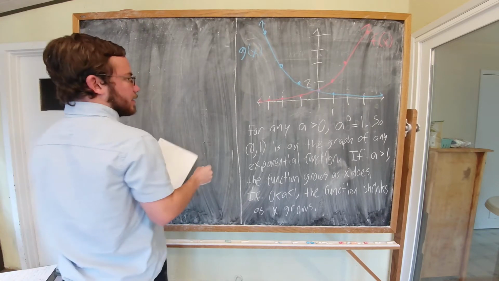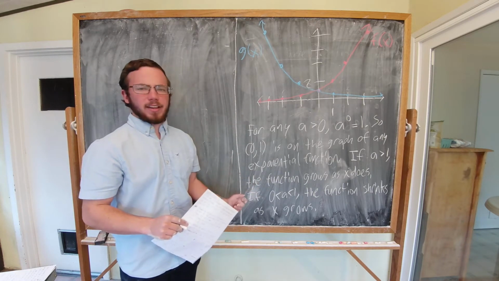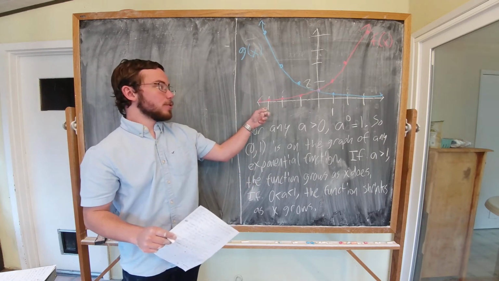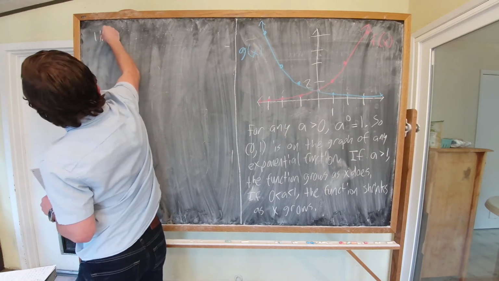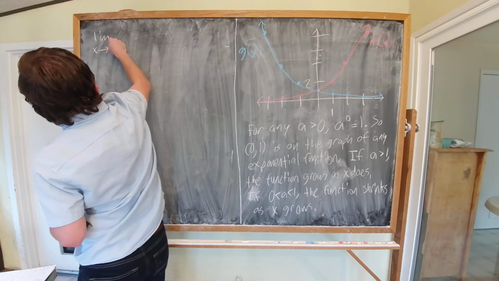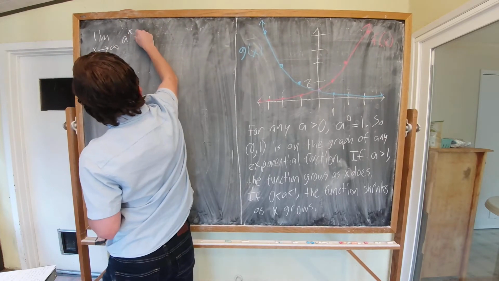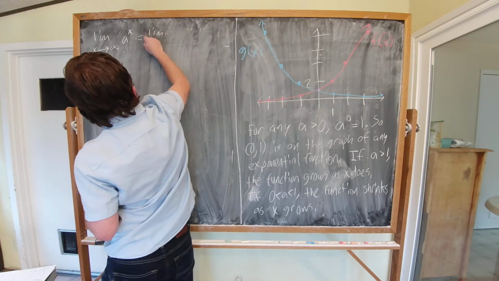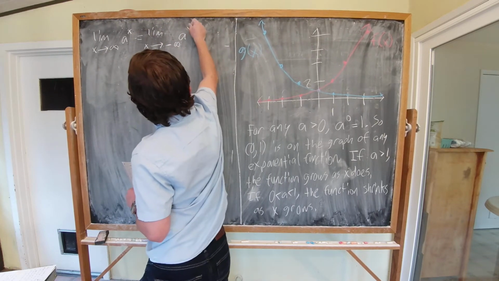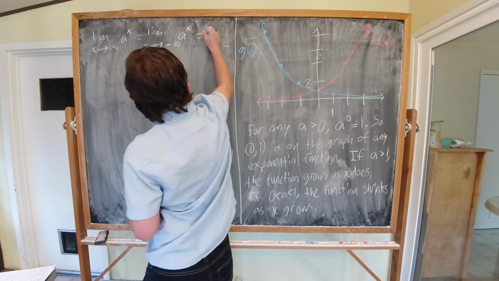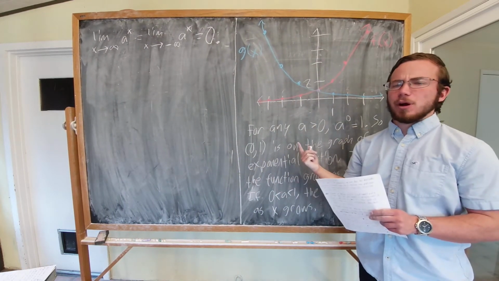Alright, let's see, in either case, whether a is greater than 1 or less than 1, the x-axis will be the horizontal asymptote. So in other words, the limit as x goes to infinity of a to the x is equal to the limit as x goes to negative infinity of a to the x, and they're both 0, no matter what the value of a is.